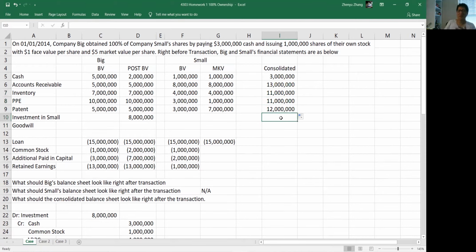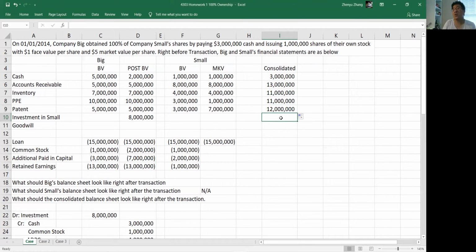Investing in Small, so let's think about it. What is the consolidated balance sheet? The consolidated balance sheet tells financial statement users what the whole group, which consists of Big and Small together, has, and how their operation was. For the whole group, there's no point talking about investment because Big is investing in Small. It's just like checking your pocket.